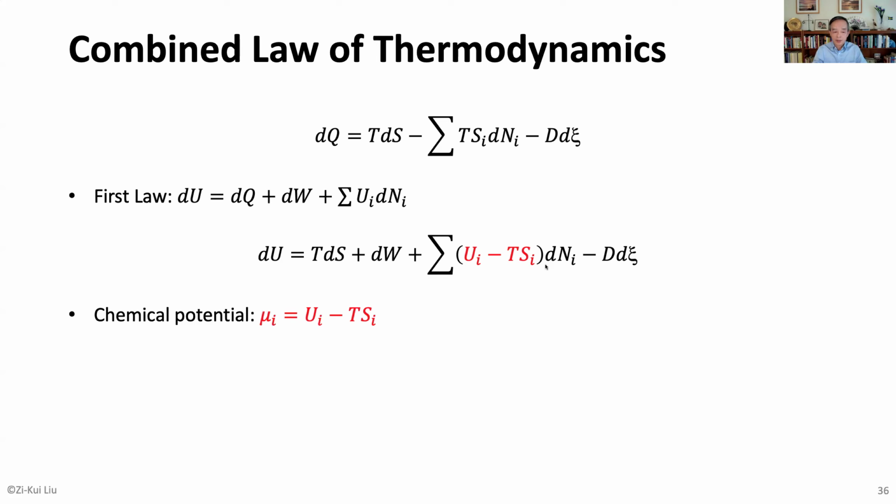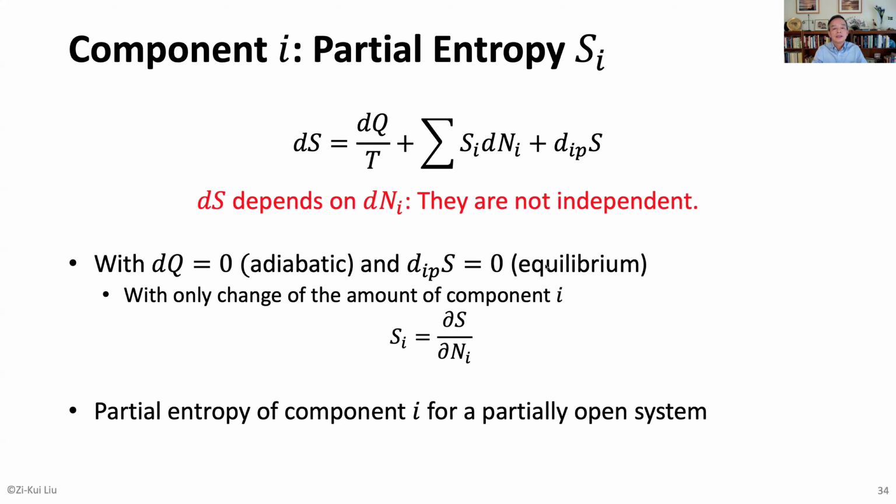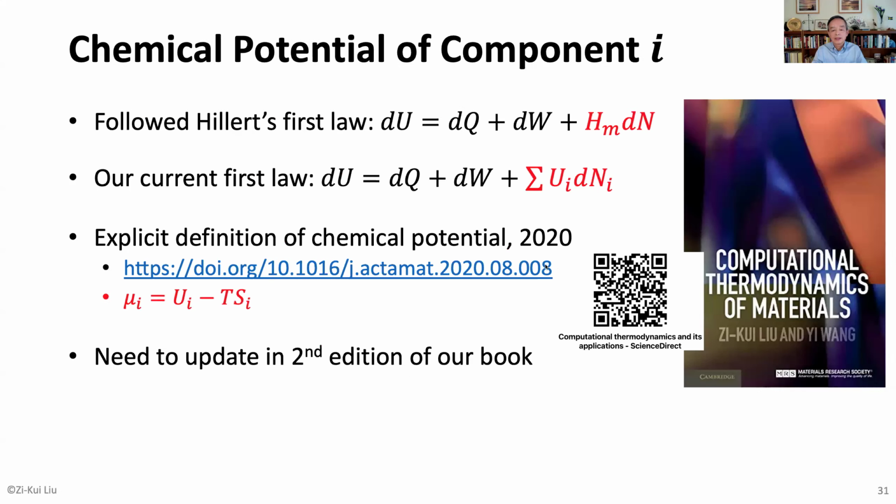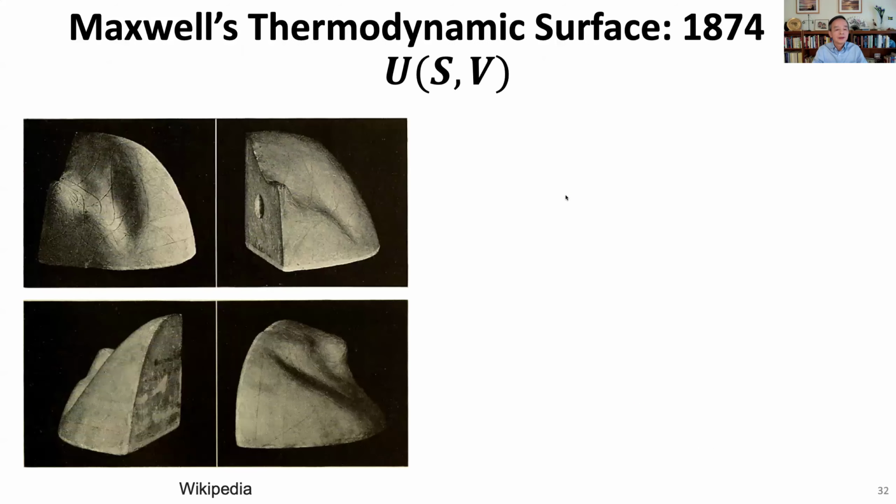That quantity is the chemical potential: mu_i equals u_i minus T s_i. It was first defined in the paper I mentioned from 2020. It's somewhere earlier here, right here, this paper. When I was writing that paper, I realized this problem, this inconsistency.